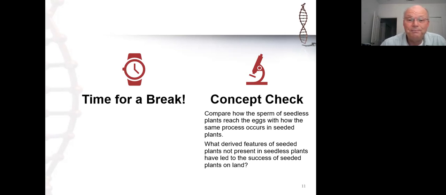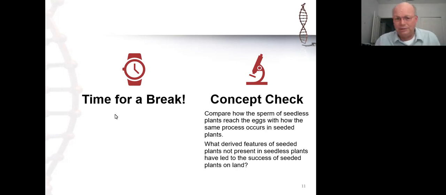It's not flagellated. So there are the 5 derived traits of seeded plants that have led to their success on dry land as probably the ultimate expression of plant colonization of dry land and utilization of dry land as a habitat.